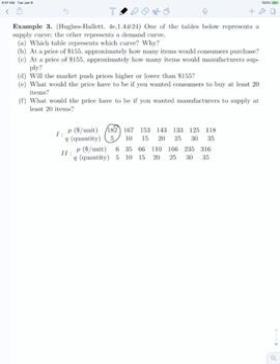And for table 1, when the price is 182, the quantity is 5. And when the price goes down to 118, the quantity goes up to 35. So the price is going down as the quantity goes up.